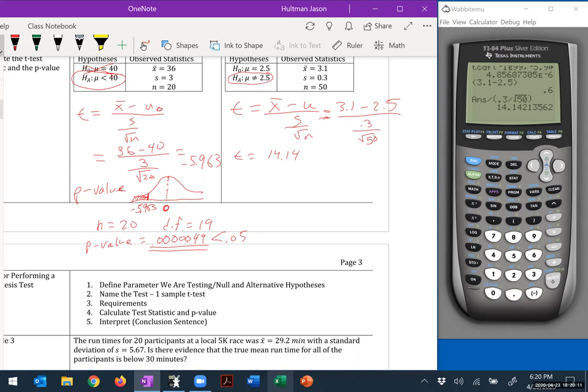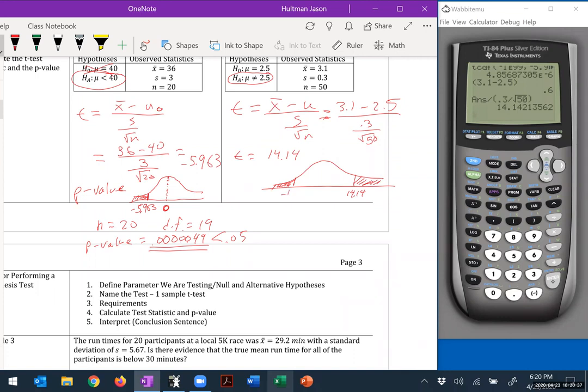Okay, this is a two-tailed test because it's not equal. Which means that if I were to try to get my p-value on its own, I would have to split this into two tails, a lower tail and an upper tail. This would be at 14.14.